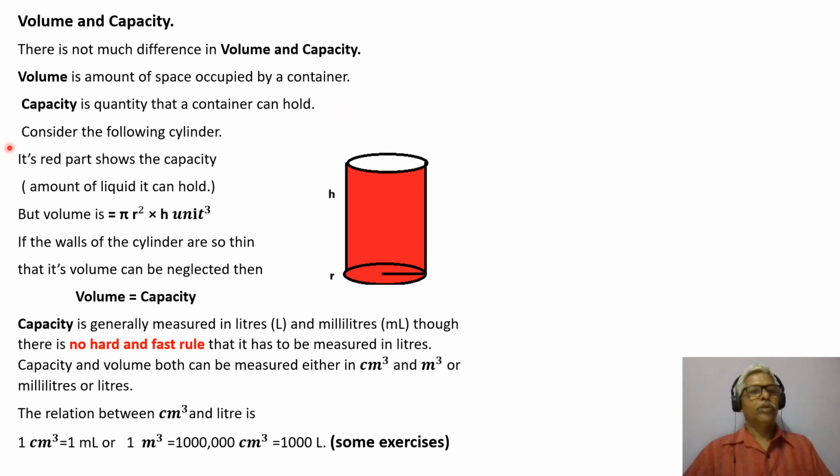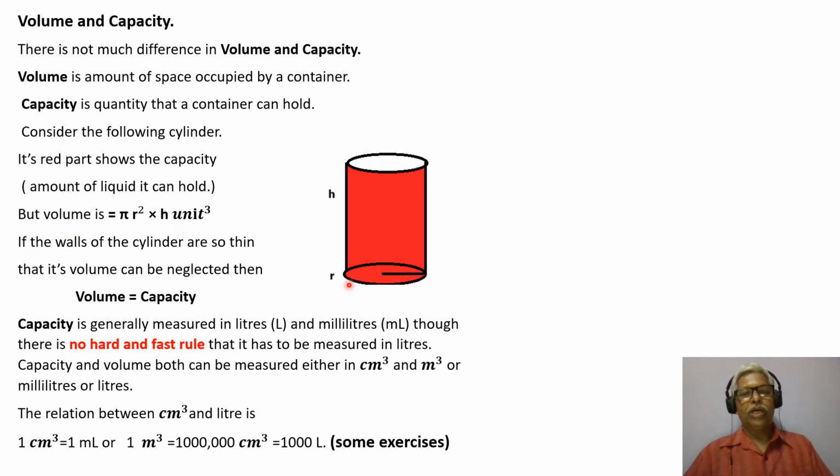Some mathematical part is given here. Consider the following cylinder. Its red part shows the capacity, that is, the amount of liquid it can hold. But the volume is equal to pi r square into H unit cube. This is R, and the area of this is pi r square, into H, that will be volume.